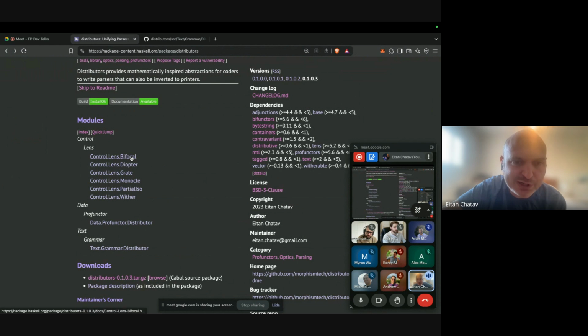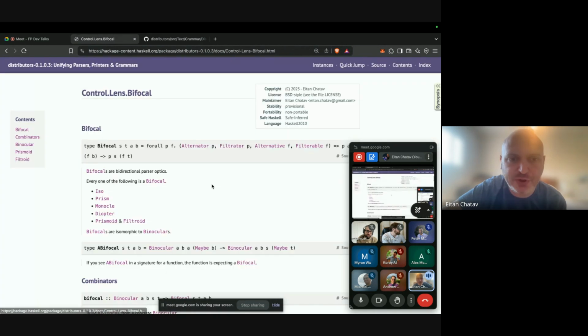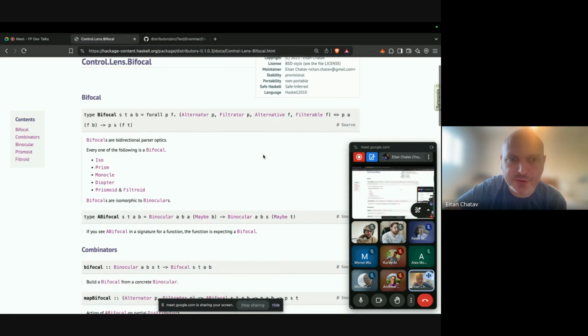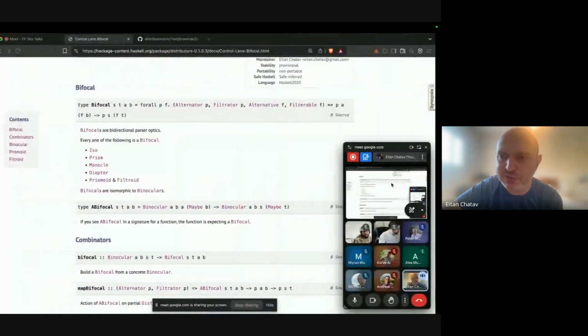And these two I have introduced: diopters, corresponding to distributors, and notice that they have applicative. And bifocals are these bidirectional parser optics, and they are alternator and filtrator, and also alternative and filterable functors. Okay, so I made it through all the material I wanted to, which is pretty surprising.